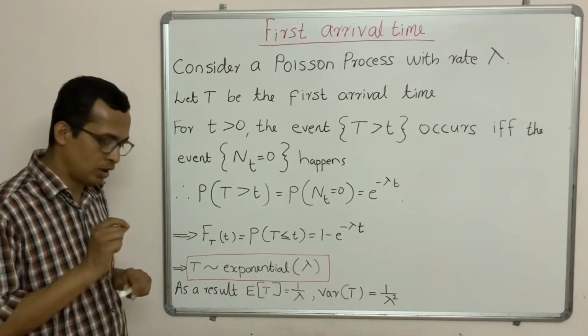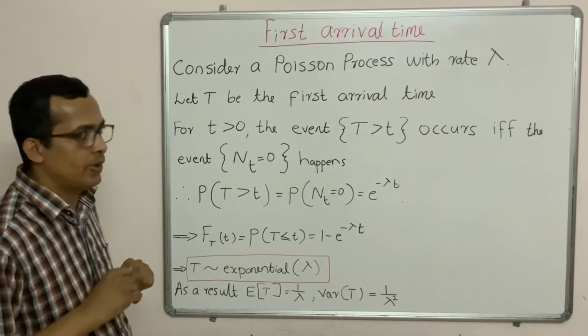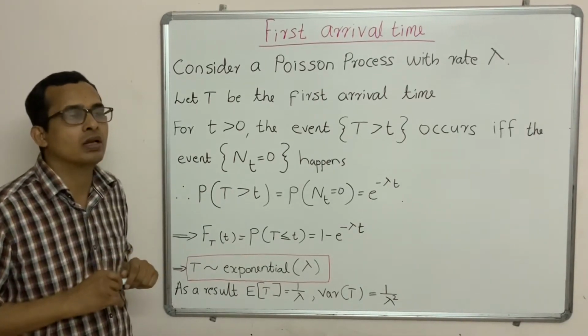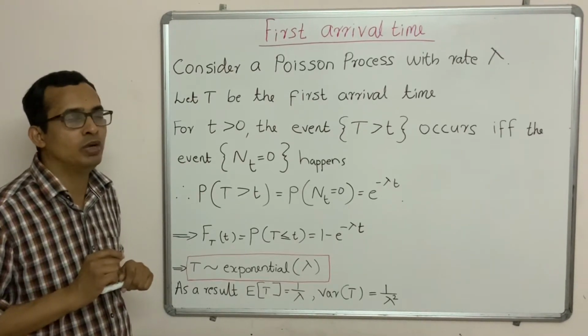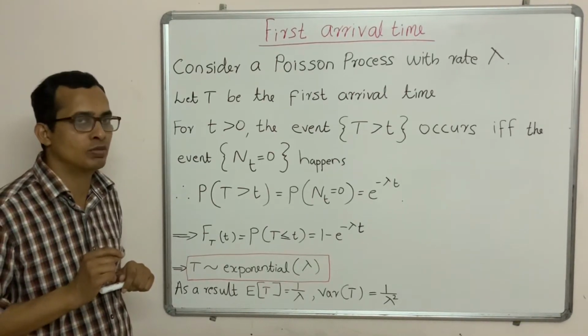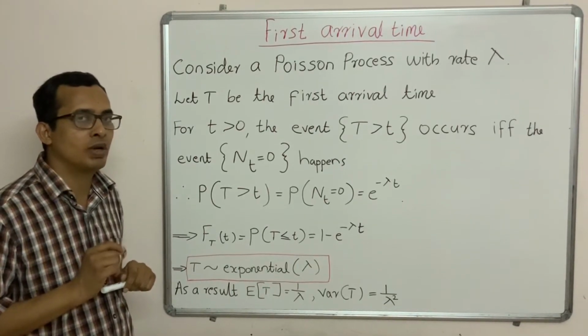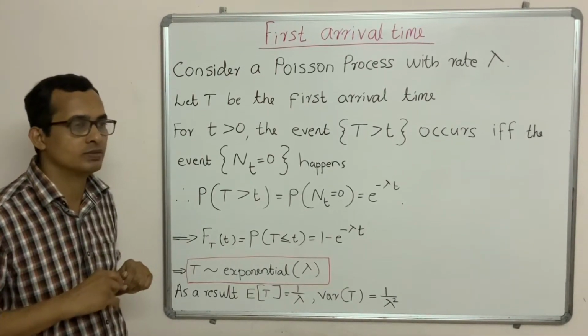So if you take the interval length tau equal to 1, in particular we get that the expected number of arrivals in a unit interval, in unit time, is lambda. So lambda can be interpreted, in a Poisson process with rate lambda, as the expected number of arrivals in an interval of unit length.